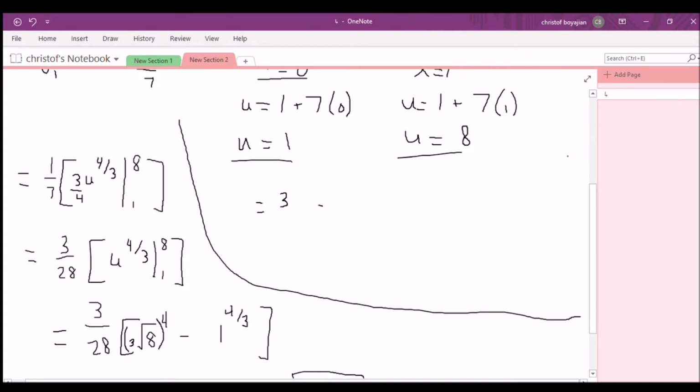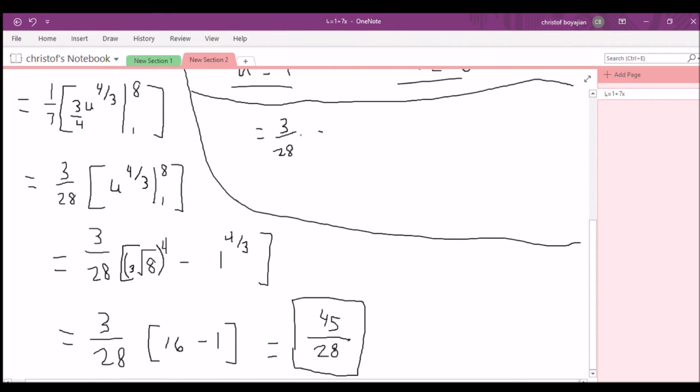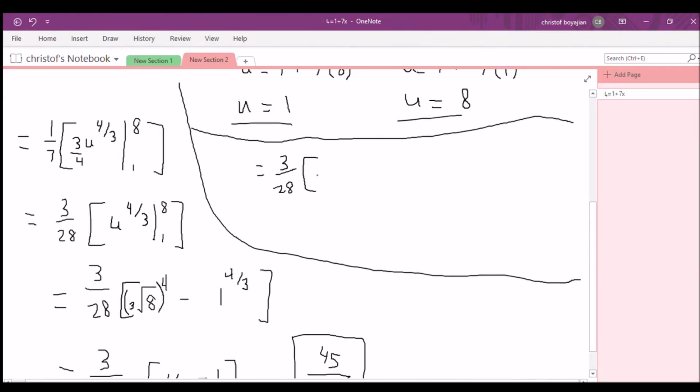So we have 3/28. Let's replace u with 1 plus 7x. So u, we're replacing with what we substituted earlier. So we're just doing a back substitution here.